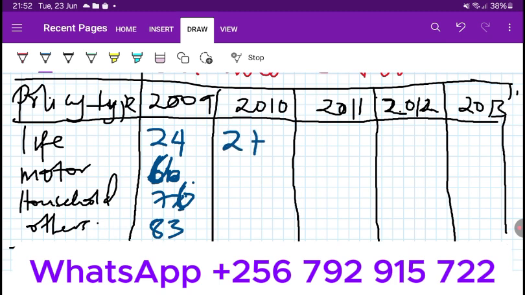This one, we start with the 27. 27 plus 37, we get 64. So this one will be 64. Then 64 plus 14 gives us 78. 78 plus 5 gives us 83.